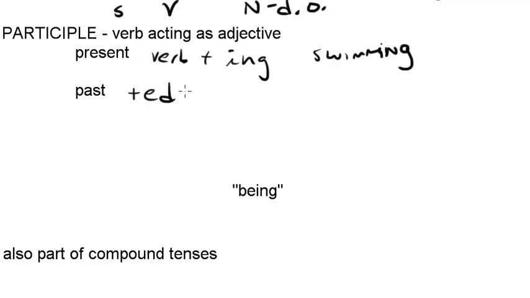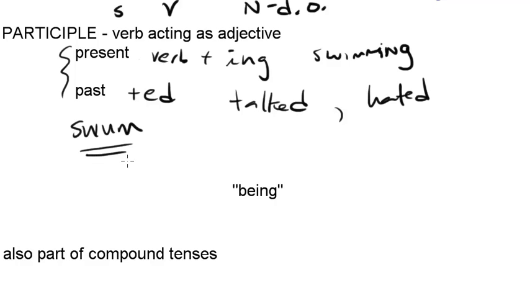Not always, but a lot of the time. So, something like talked or hated. Now notice that sometimes you're going to have irregular versions of this, right? So the past participle of swim, for instance, is swum.